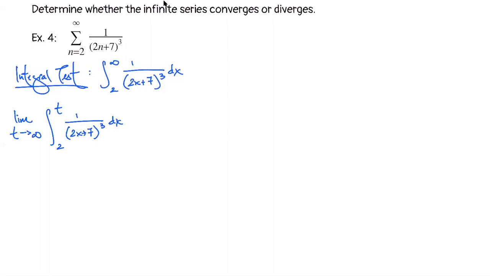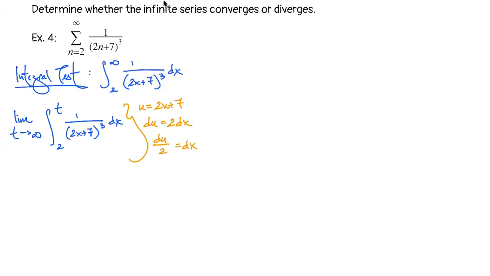And when we're looking at integrating this, what rules are we thinking we might need? U sub. U sub, right? So let's do our u equals 2x plus 7. That means du equals 2 dx, or du over 2 equals dx.